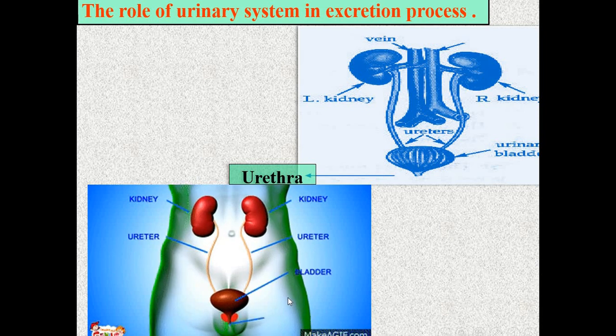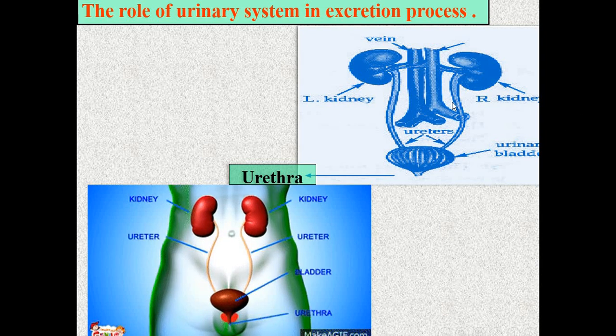So the urinary system consists of 2 kidneys, 2 ureters, these long tubes, and a urinary bladder, which looks like a balloon here, and a urethra, the end of the urinary system.